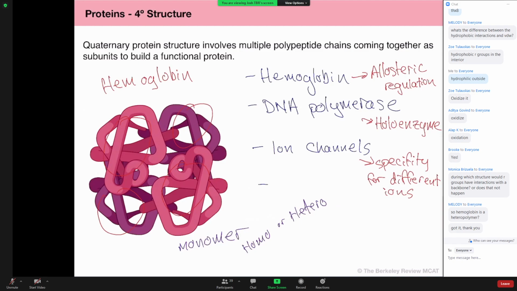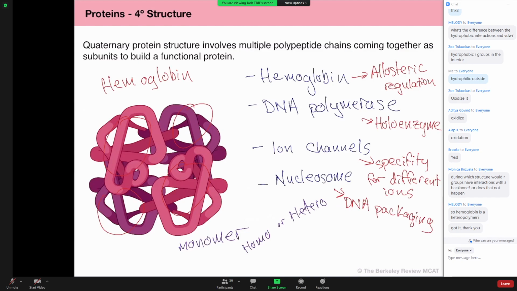Okay, and then what's another classic? Nucleosomes, right? Those are another classic quaternary structure that gets tested. And the context is DNA packaging, how DNA can interact with proteins.